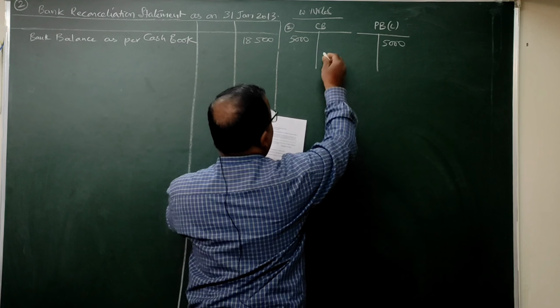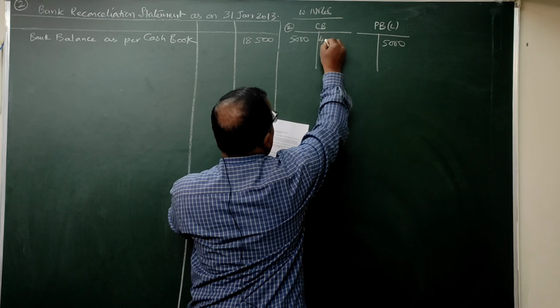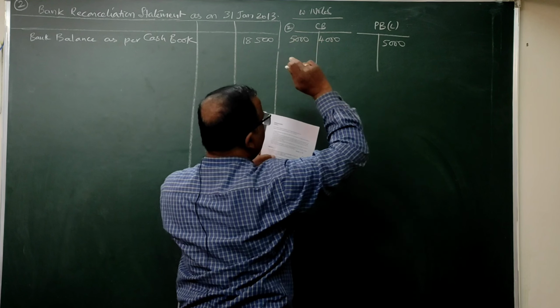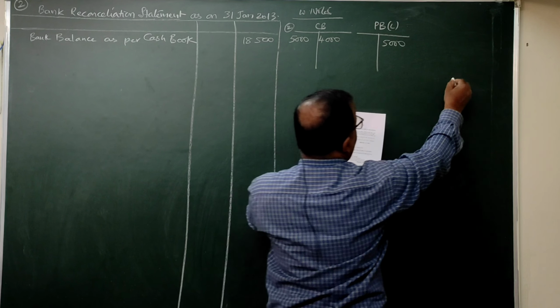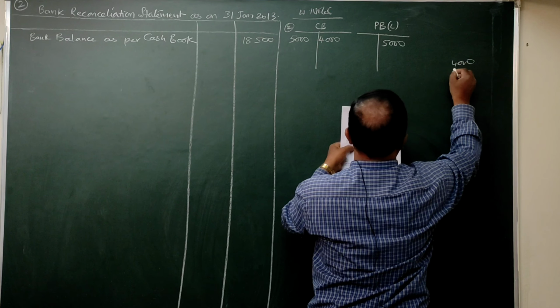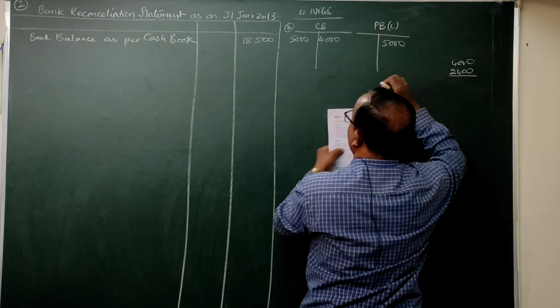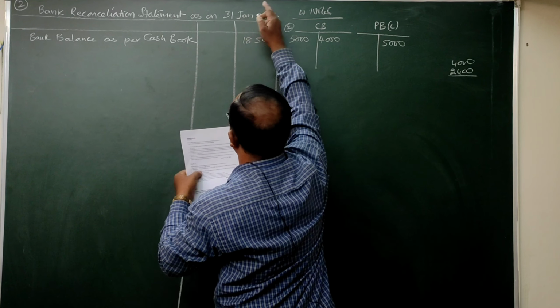Okay, so 4,000 checks issued means 4,000 rupees are credited in the cash book when you issued them. Now out of this 4,000, 2,400 worth of checks are presented in the month of February, that means after this date.